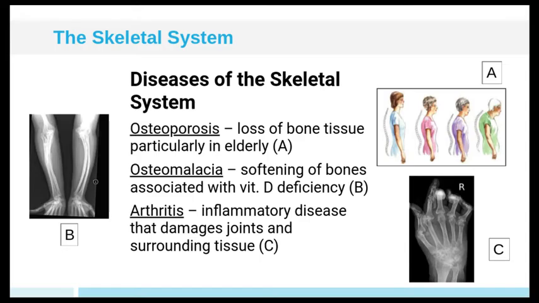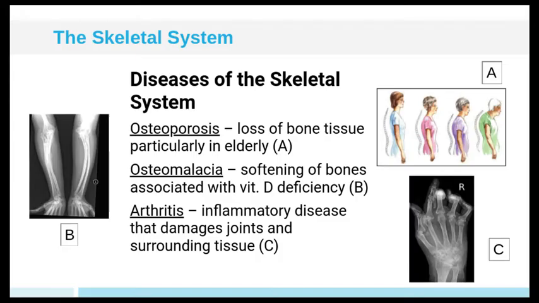So some of the diseases that we see in the skeletal system, and this is by no means all inclusive. This is just a short, simple list of some of the most common things that we deal with. Osteoporosis is one of those, where you have a loss of bone tissue, particularly in elderly people. This typically happens because as cells age, they don't reproduce as frequently, and that's actually pretty complicated, and something you probably learned at the high school or collegiate level.